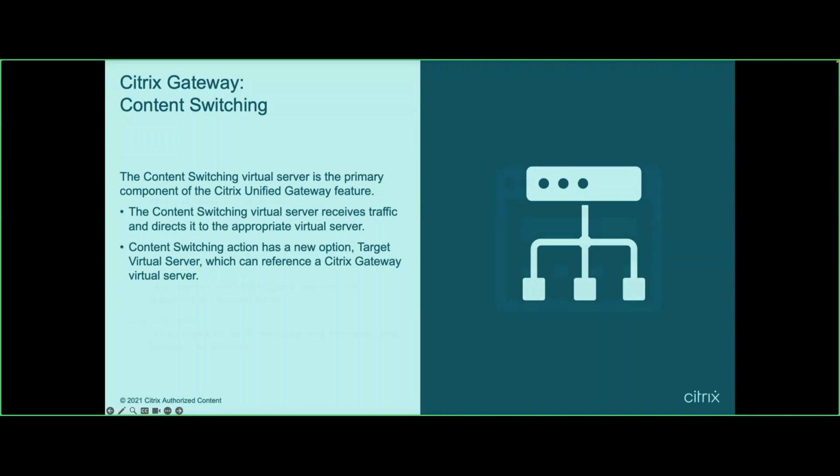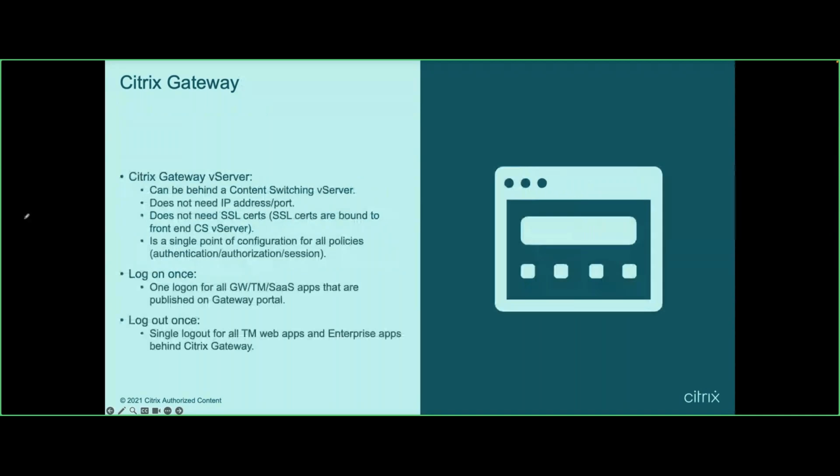So I can have the gateway binded to the content switching virtual server. It will not need an IP address or ports, so it will become non-addressable, right? My gateway will not require an SSL certificate because the certificate is binded on the content switching server, right? And it is a single point of configuration for all the policies, that is your authentication, authorization and session.